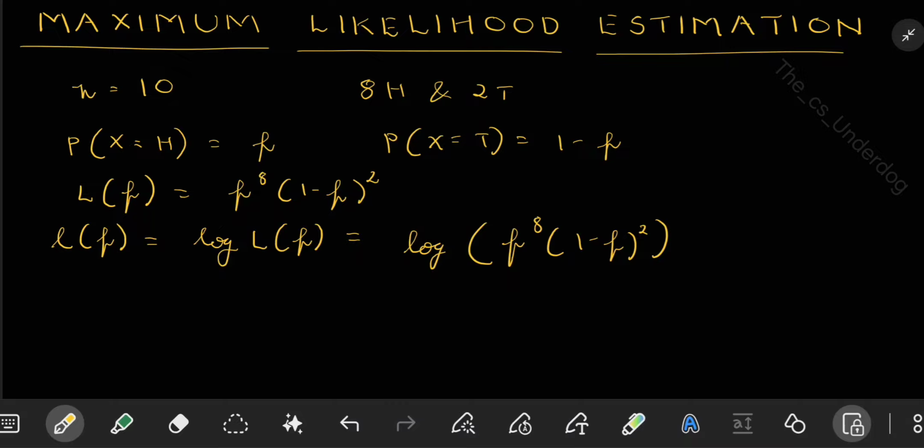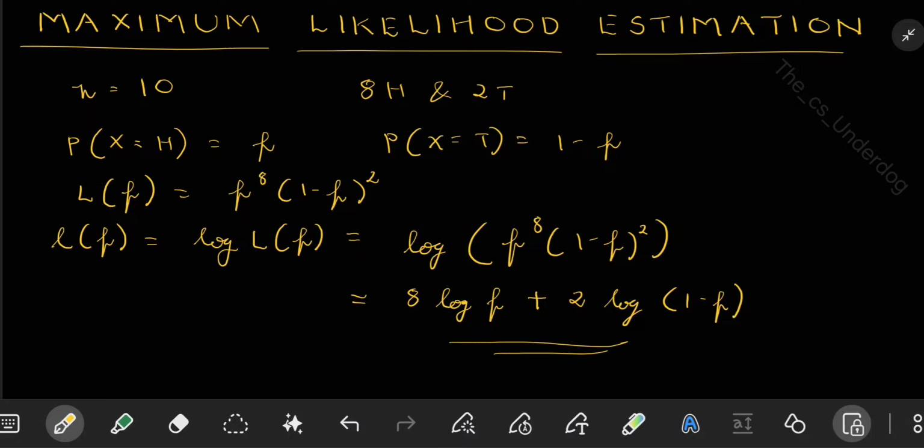When I take log, product will become sum. This is what we already discussed. When it is raised to 8, instead of exponentiation, it will become product. So this can be written as 8 log P plus 2 log (1 minus P). This is what you get after taking the log.